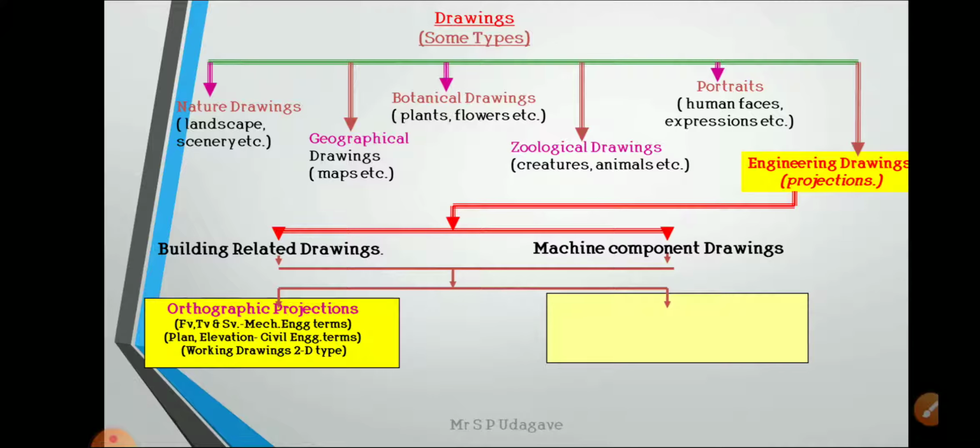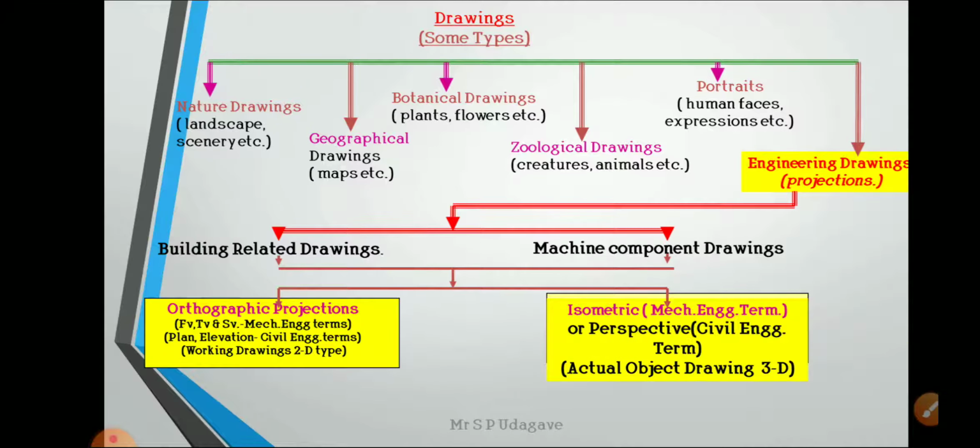That is a working drawing, which is two-dimensional, that is orthographic. The second is the isometric drawing, a mechanical engineering term, and the perspective drawing is the civil engineering term. Actually the object is related to the three-dimensional drawing in isometric views.